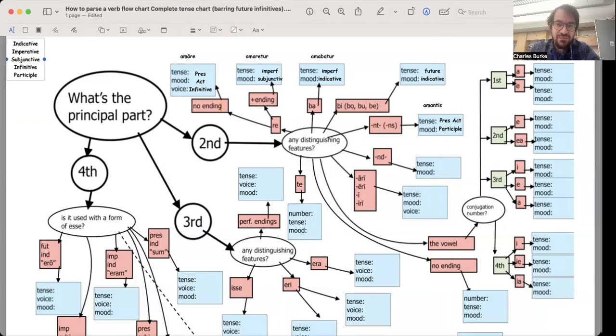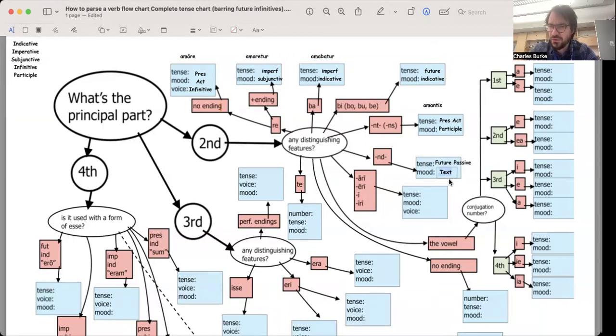This ND, and we're going to be talking about this soon in a lot of detail. This is where we get our gerunds and gerundives. But for the sake of this chart, let's just call it the future passive participle. And then this is also where we get things like the gerundive of obligation, sometimes called the future passive periphrastic.